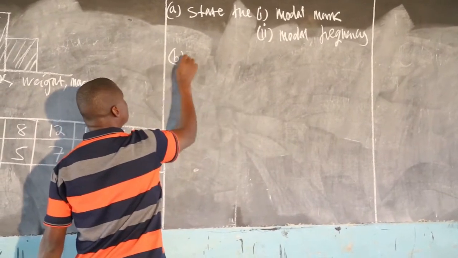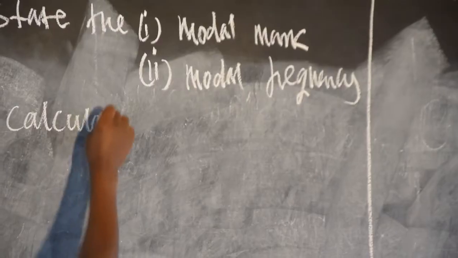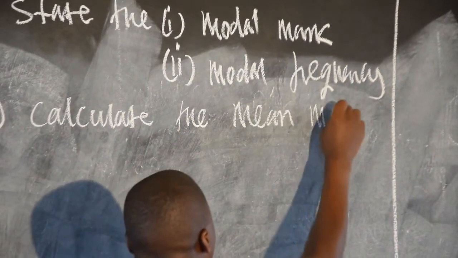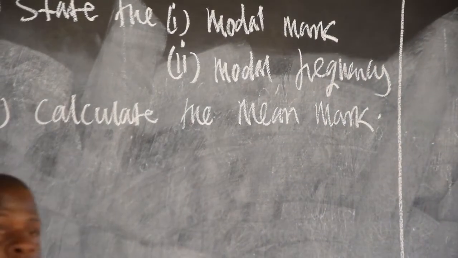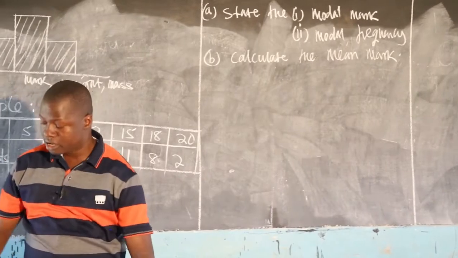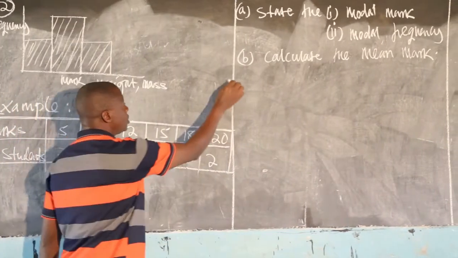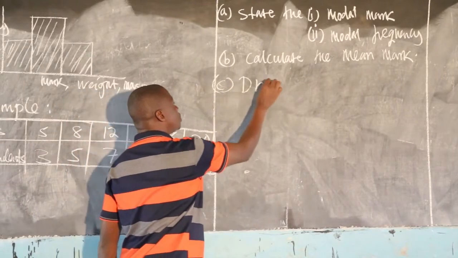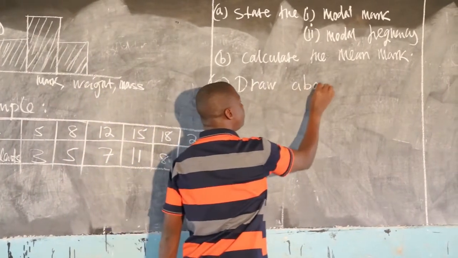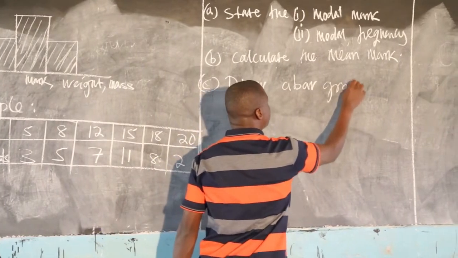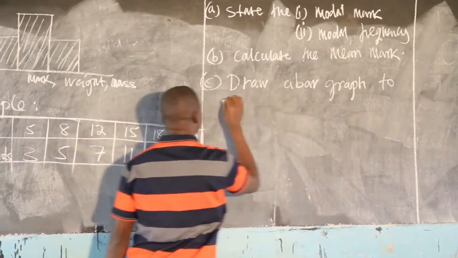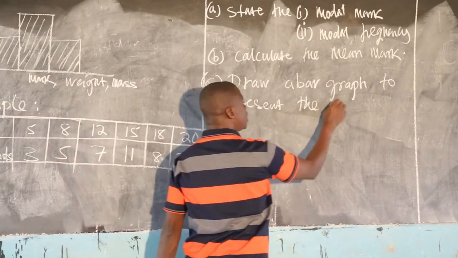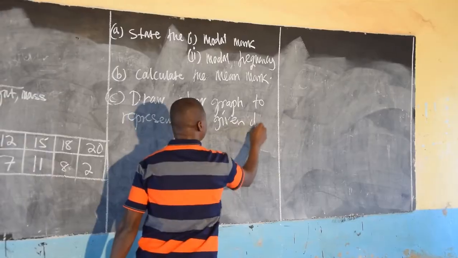Part B: calculate the mean mark. Part C: draw a bar graph to represent the given data.